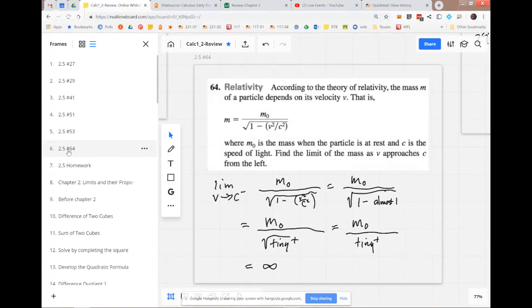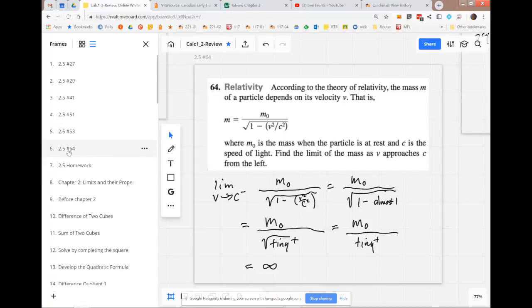This is kind of an interesting question, because it relates to a real thing. It's Einstein's theory of relativity, and this is one of the formulas related to that. You can see m sub 0 stands for the mass of an object, v is velocity, and c is the speed of light.